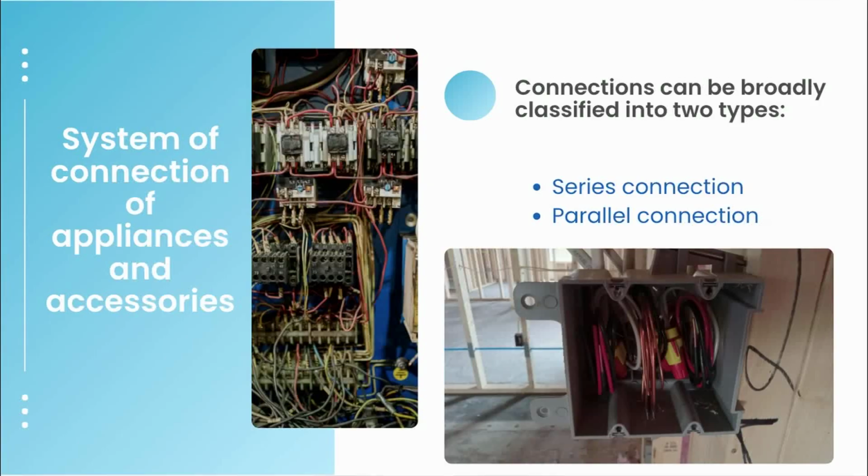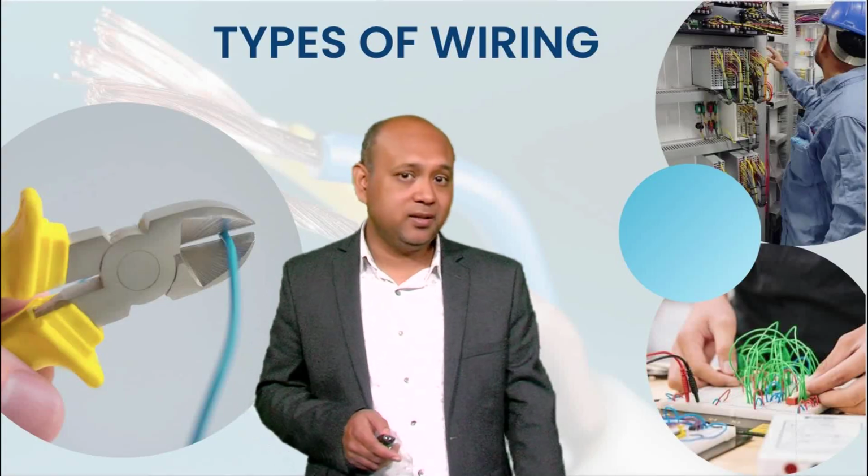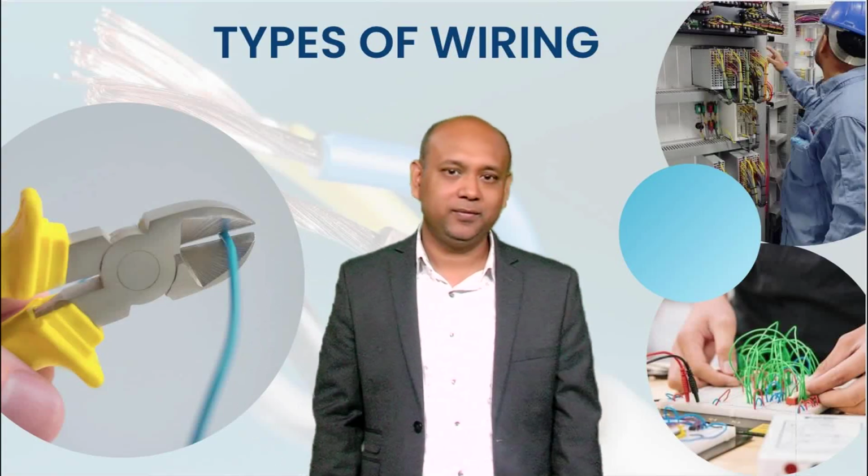Electrical connections can be broadly classified into two categories. Series connection, where the devices are connected end-to-end in a single loop. Parallel connection, where devices are connected across the same voltage source. Each type of connection has its own applications and advantages.